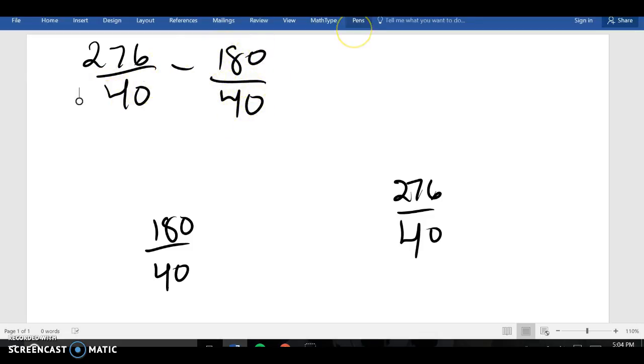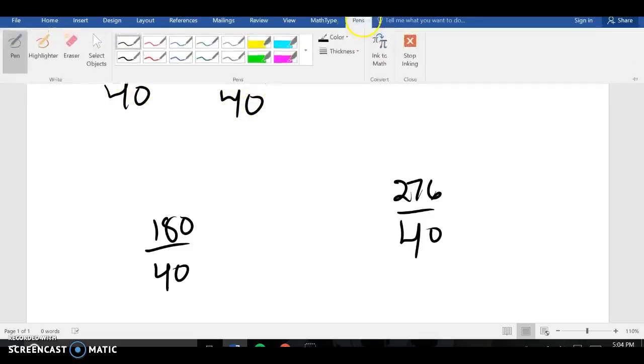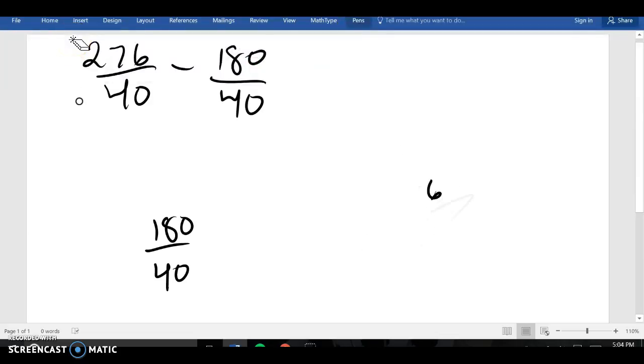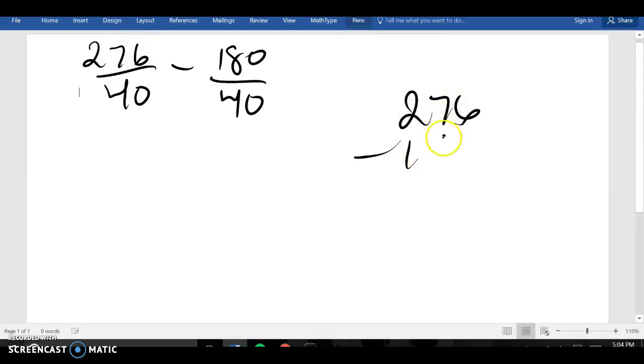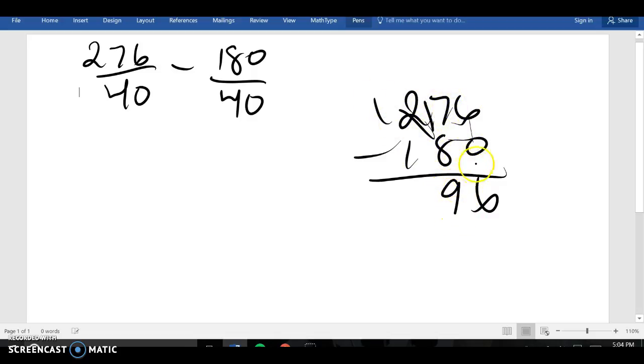And if you can't do the math in your head, that's okay. That's what we have all that scratch paper for, to do some extra work. So 276 minus 180 is 96. So now we've got 96 over 40.